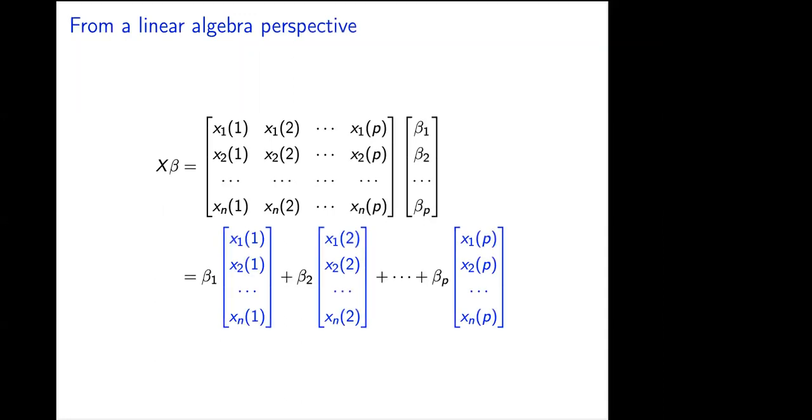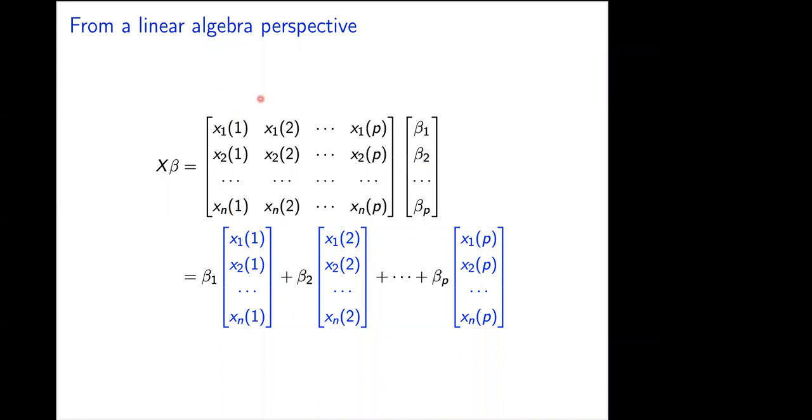And going back to the linear algebra formulation, we are actually multiplying each of these betas. Beta 1 is going to be multiplied by the first column, so it is multiplying one feature, but for all of the samples.